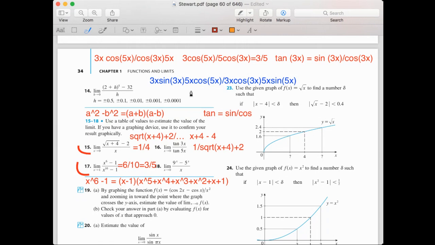So I multiply by two ones: one is 3x over 3x, another is 5x over 5x.